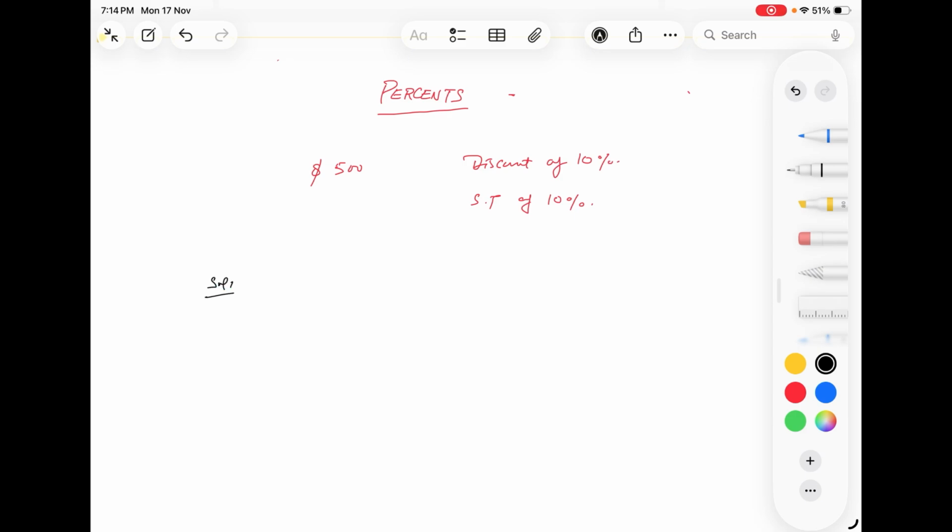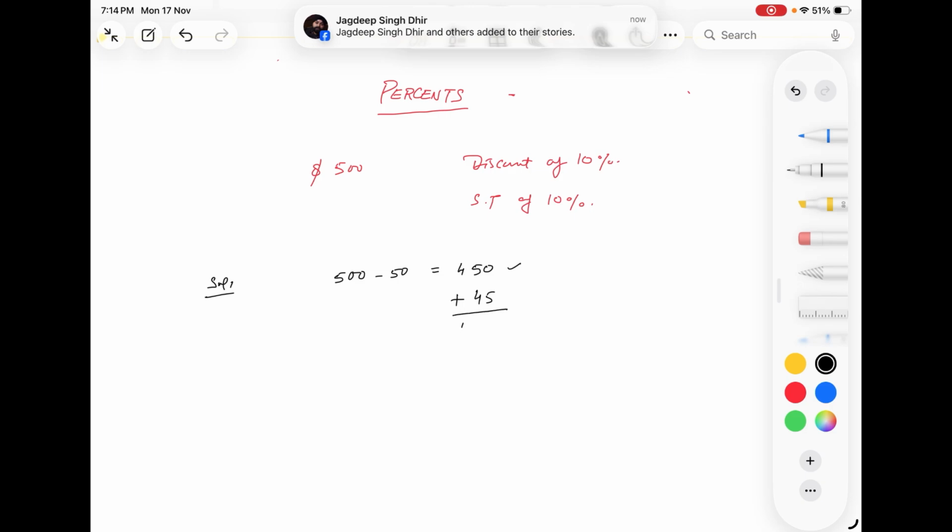10% of 500 is simply 50, right? So if I apply the discount first, I will write 500 minus 50, I will get 450. And if I apply sale tax to this amount, it will be plus 45, so I will get 495, right?